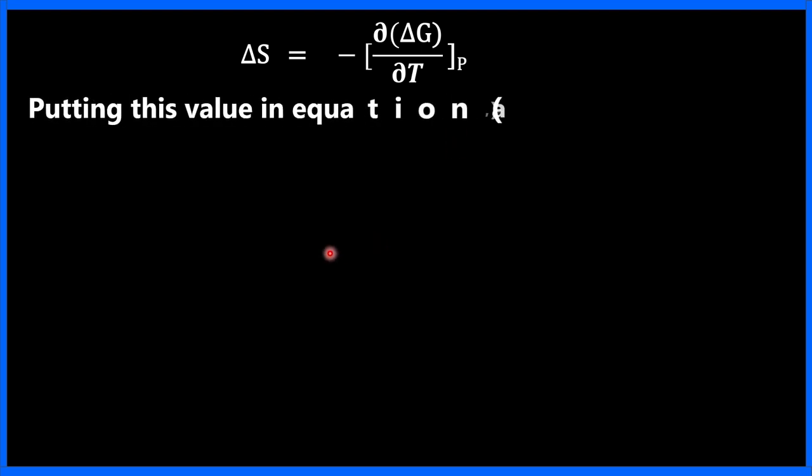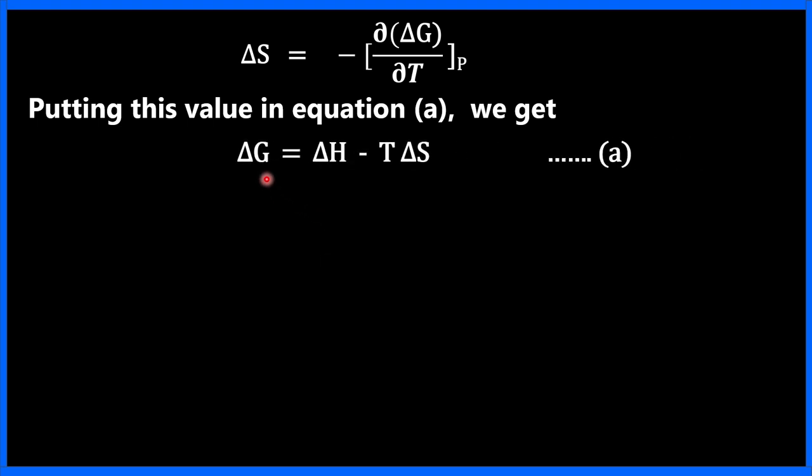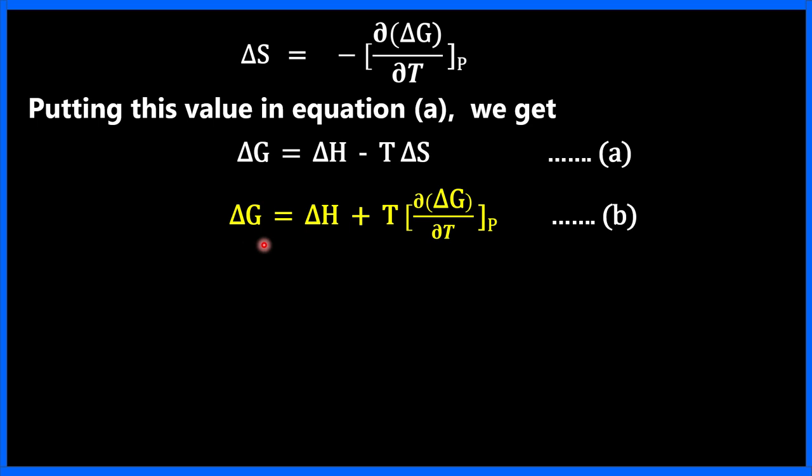Putting this value in equation A, we get delta G is equal to delta H minus T delta S. This is equation A. If we replace delta S by minus del of delta G by del T at constant P, then equation A becomes delta G is equal to delta H plus T del of delta G by del T at constant P. This is equation B. This is another form of Gibbs Helmholtz equation.